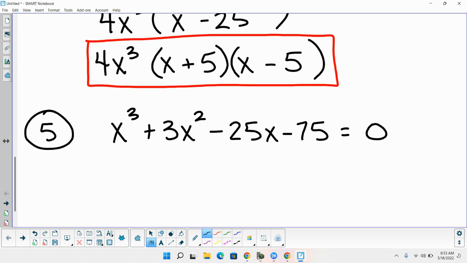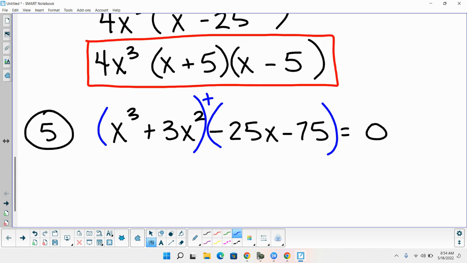All right. So first thing you want to do, is there a GCF for all 4 terms? No. Since it's got 4 terms, we have a method called grouping that we do when we factor these. Since this third term is a -25x, put the negative inside the parentheses.